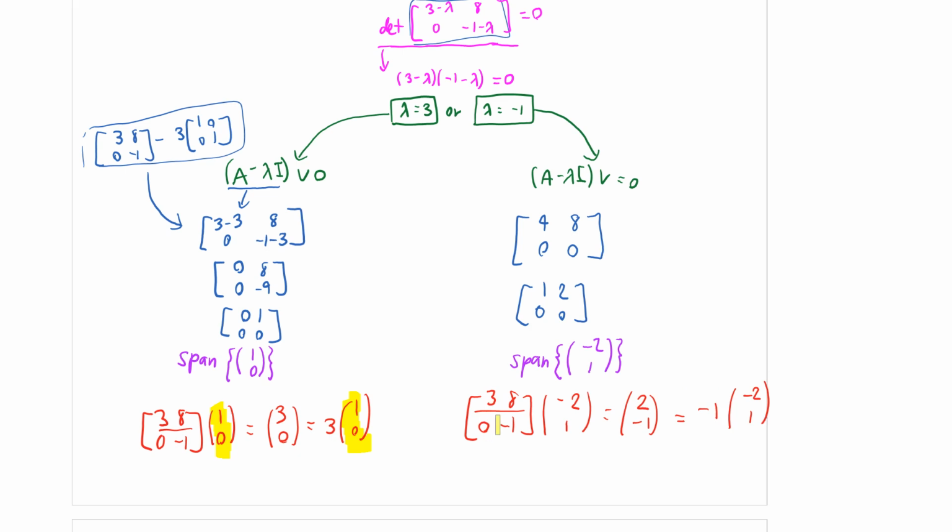So, I have here A times V equal to negative 1, my eigenvalue, times V. So then, all my eigenvalues are 3 and negative 1, and the eigenvectors corresponding to 3 are anything in the span of 1, 0, and the eigenvectors corresponding to negative 1 are just anything in the span of negative 2 and 1.